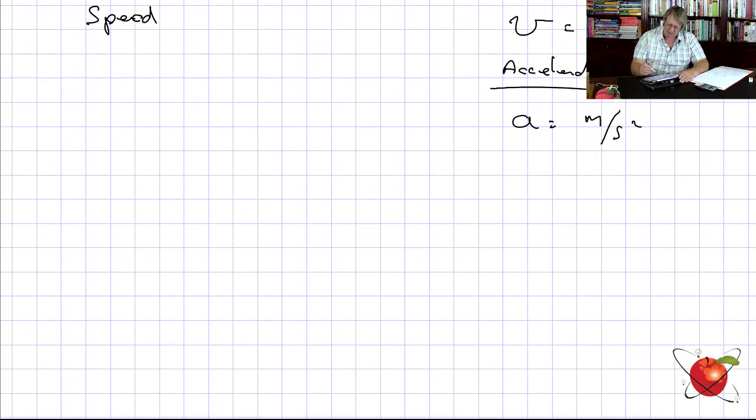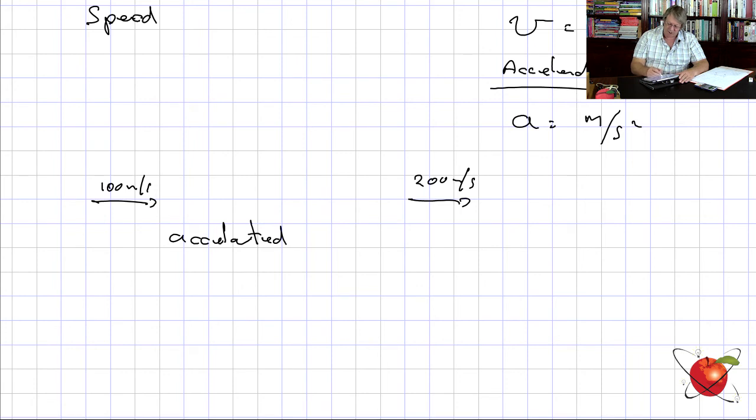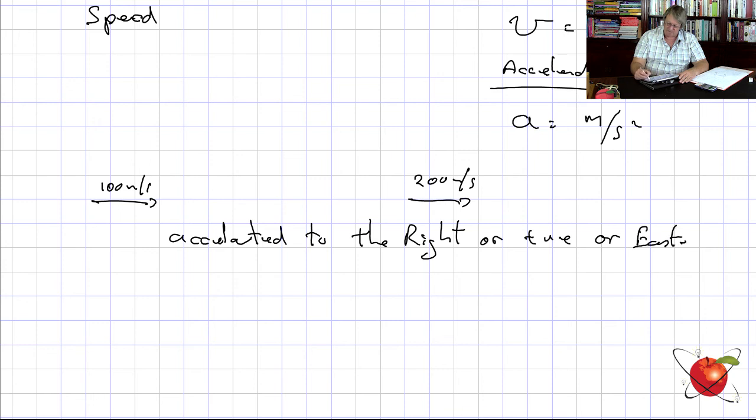If I am going in this direction at 100 meters per second, and over here I'm going at 200 meters per second, my velocity has increased. I have accelerated to the right, or positive, or east.